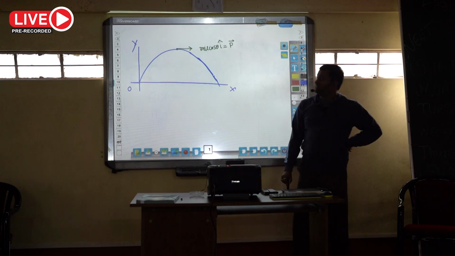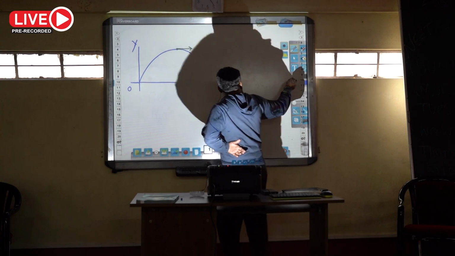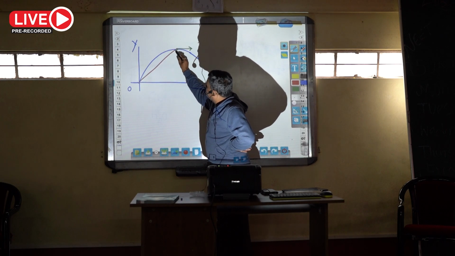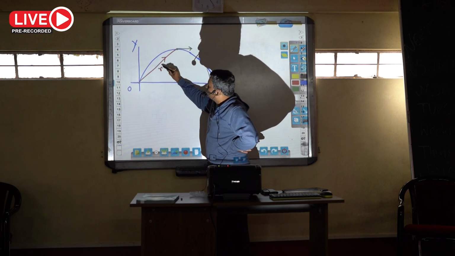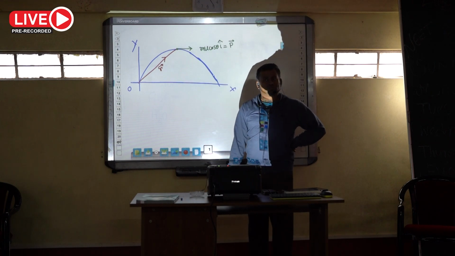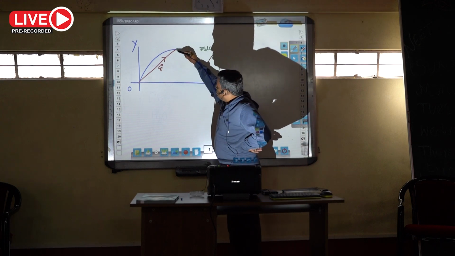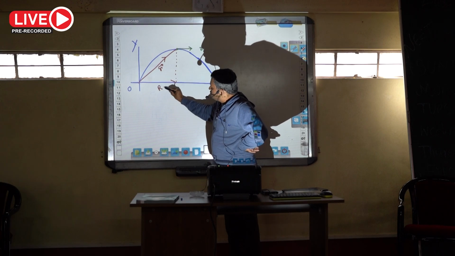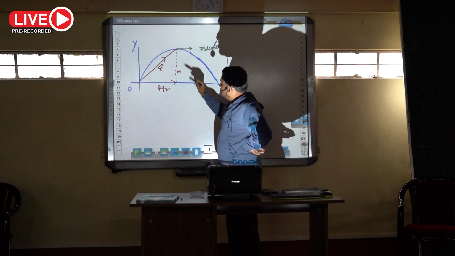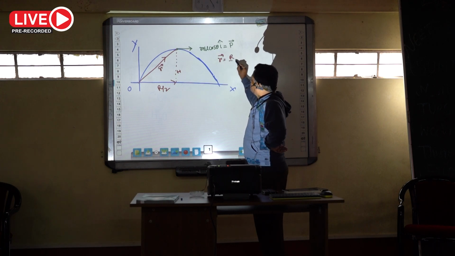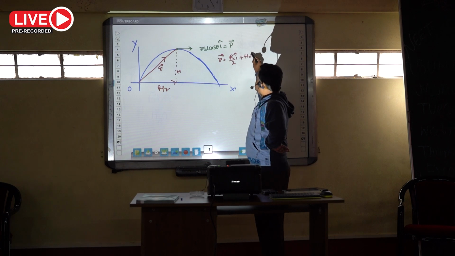Then this is the position vector up to this point of the particle when it is at the topmost position. So this one is r/2, this one is h. So this position vector r equals r/2 i cap plus h j cap.